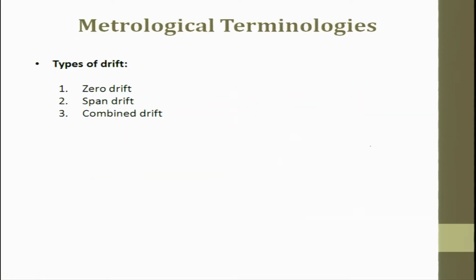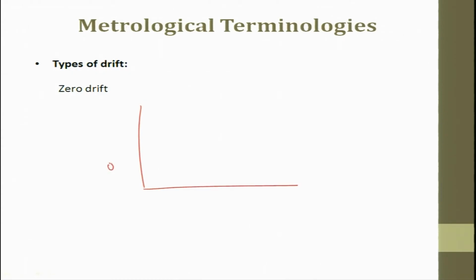So these are some of the terminologies. You have zero drift, you have span drift, you have combined drift. We will see them one after the other. So what is zero drift? Zero drift means this is output, this is input, and this is a zero drift.